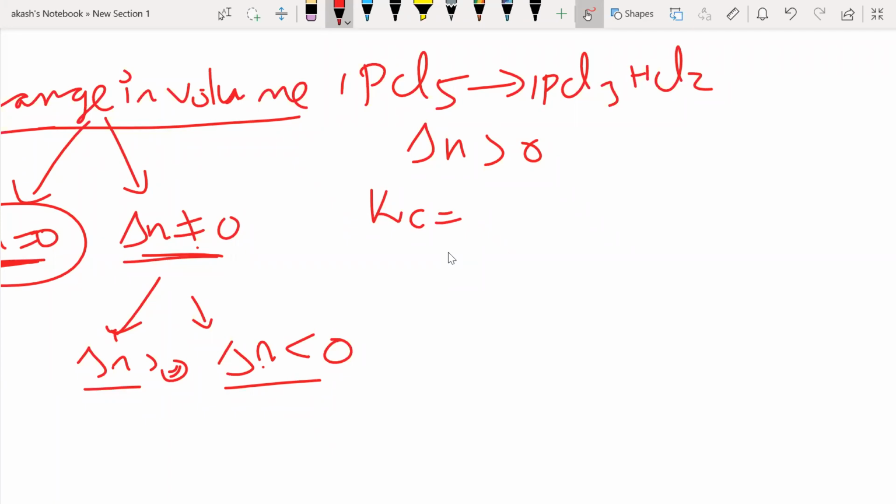In the Kc equation, I know the concentration of this divided by the concentration of this. I directly write it in terms of number of moles and volume.